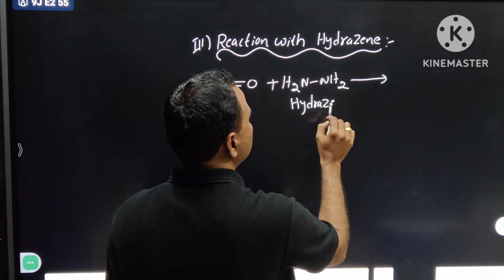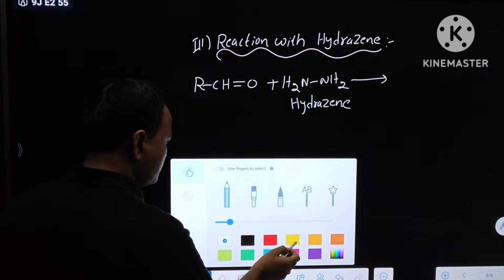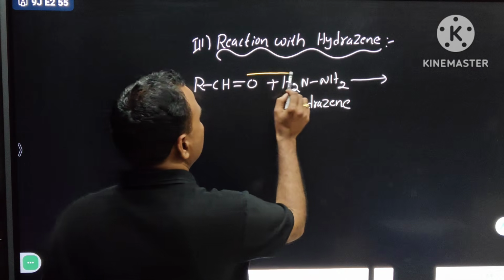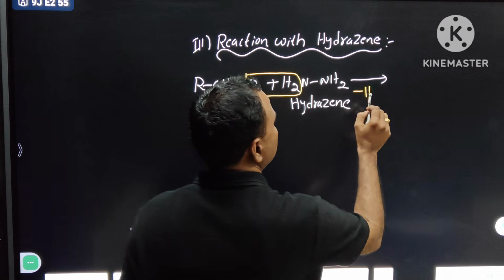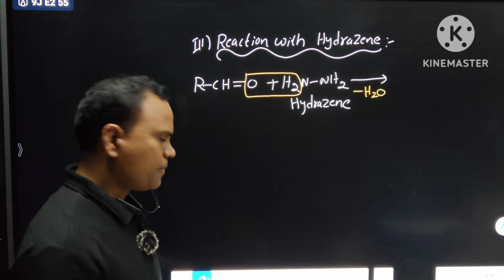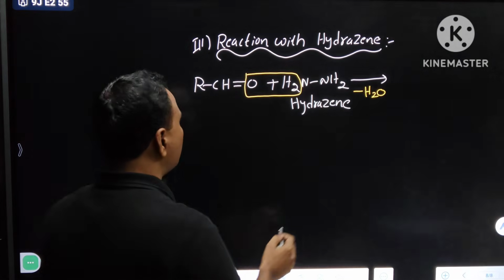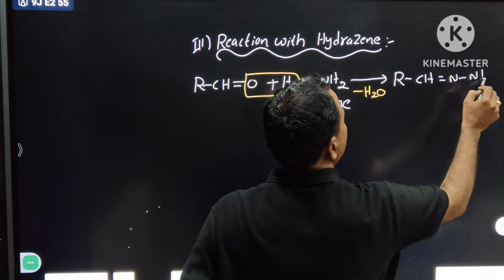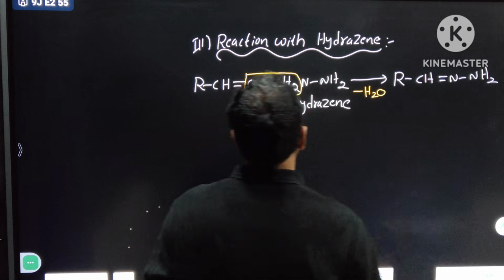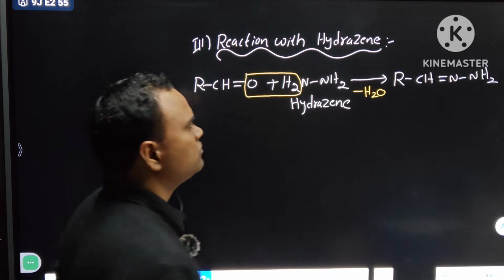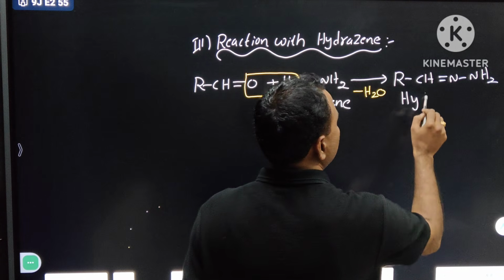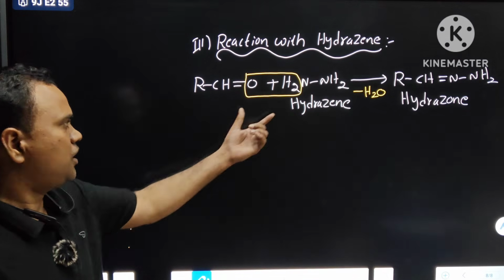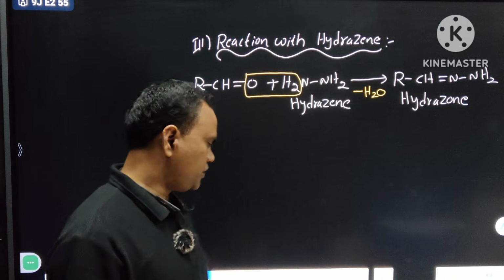Hydrazine. You remove water molecule, minus H2O. Same mechanism. Removal of water molecule only. R CH double bond N NH2. Hydrazine will give hydrazone. Product name also important. Hydrazine, hydrazone. Clear? Right.